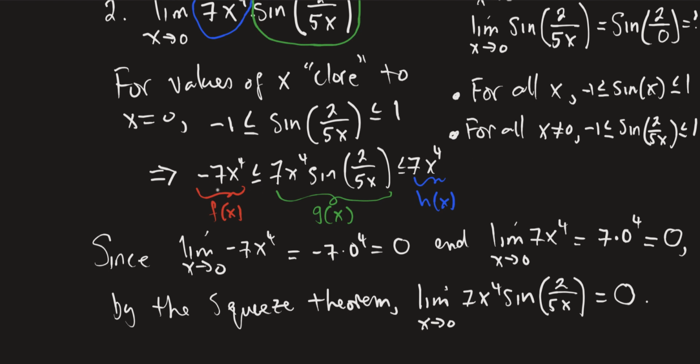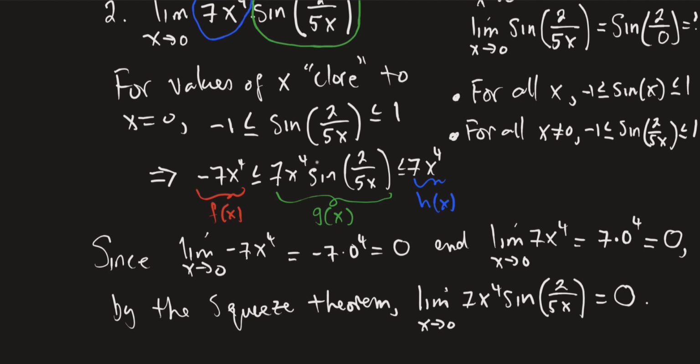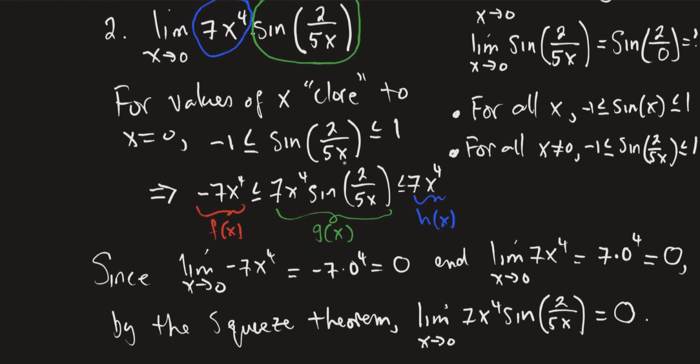And then what do you decide to multiply by? Well, that depends on what is asked in the question. Because this particular example had an additional factor of 7x to the fourth, that's why we multiplied everything by 7x to the fourth. So that's our squeeze theorem, a useful tool that allows us to evaluate limits indirectly.